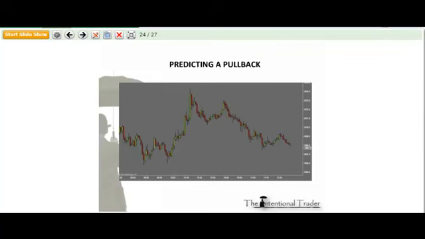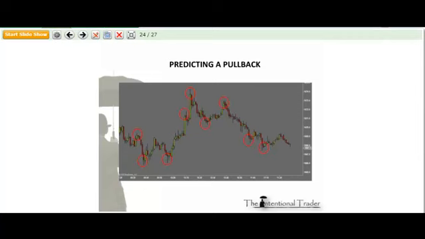Now let's use this confluence to determine where we think price may want to pull back, where we can take advantage of what our competition's next move might be. So we want to predict a pullback using confluence, all different sources of information. Let's look at where these are pulling back.